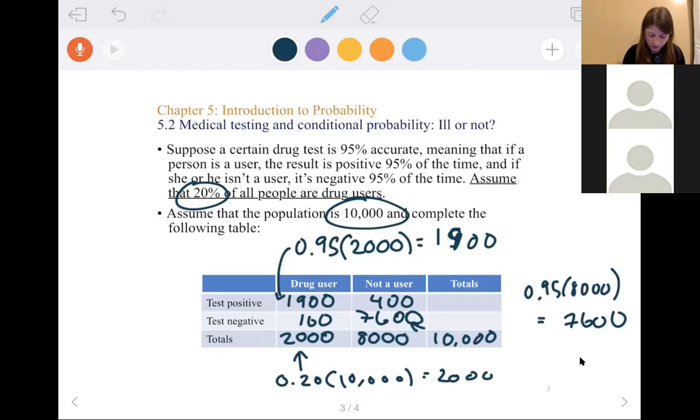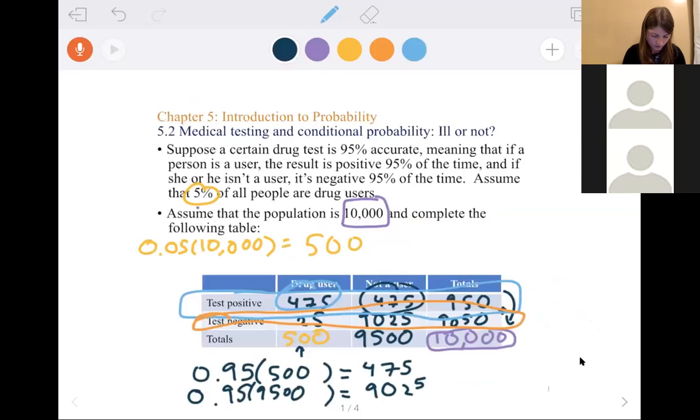Okay, so let's go ahead and add across: 7,700 here and 2,300 on the other. So let's just go back to the previous table and make some general comparisons. Notice on this one, for your drug user, you have more who test positive, fewer who test negative.